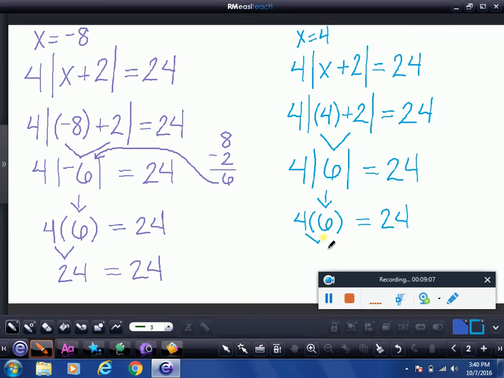Then you multiply 4 times 6, and that's 24, which also equals 24. So there is the proof that you can see that both the answers from case 1 and case 2 work when you're solving the absolute value equation 4 times the absolute value of x plus 2 equals 24.